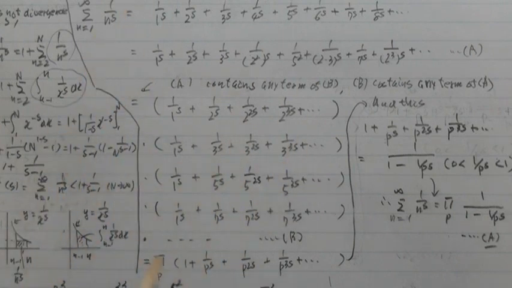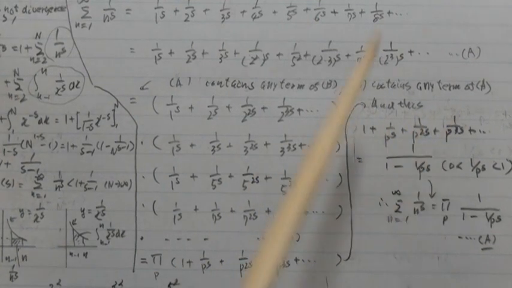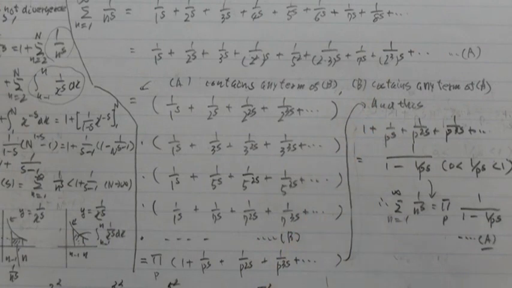So it equals the product over P of 1 plus 1 over P to the S plus 1 over P to the 2S plus and so on.